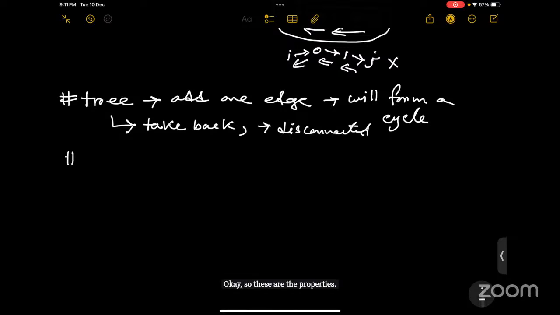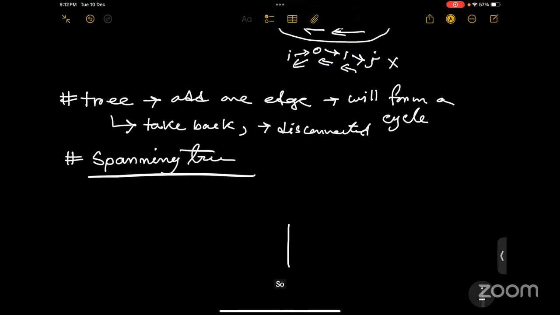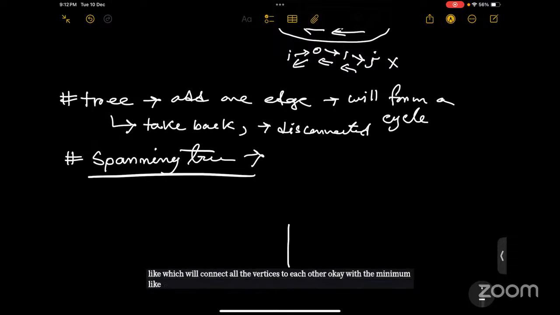Now we will know about spanning trees. So what is a spanning tree? A spanning tree is nothing but the tree which will contain all the vertices. Like which will connect all the vertices to each other, with all the properties of a tree.